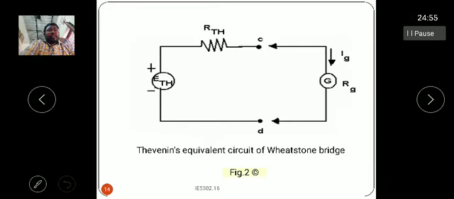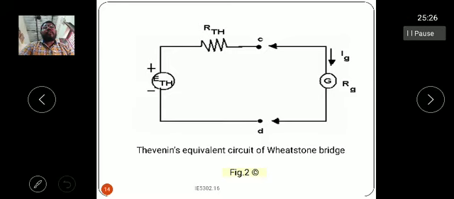Generally, what is the statement of Thevenin's theorem? In a linear bilateral network, the voltage sources are replaced by their internal impedances, and where you have to calculate the response, that branch is replaced with an open circuit.